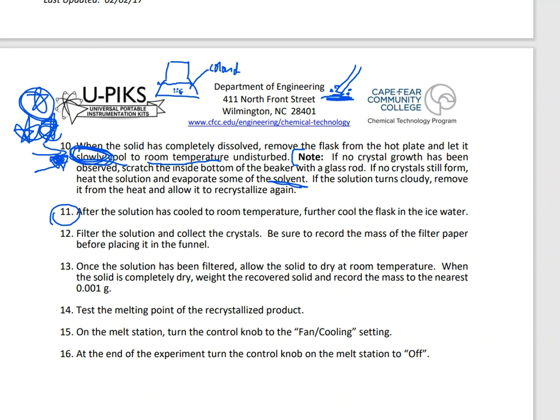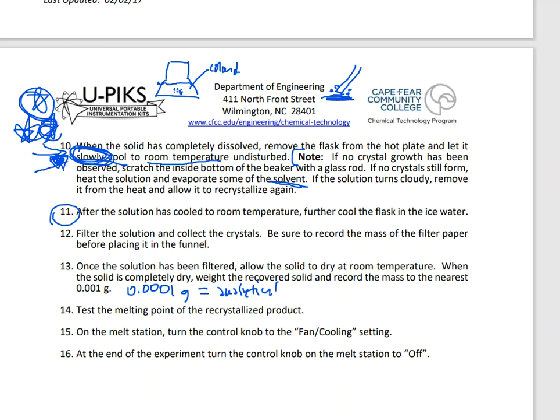Number 13, once the solution's been filtered, allow the solid to dry at room temp. And when the solid is completely dry, weigh the recovered solid and record the mass to the nearest 0.001 gram or 0.0001 gram, because we have analytical balances in the laboratory.